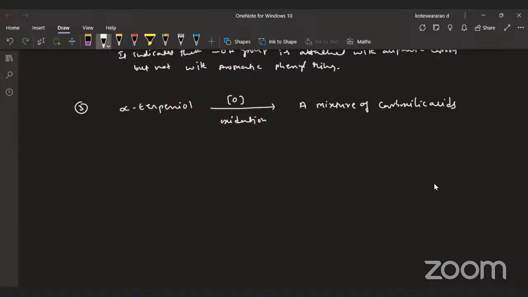Look here. This is the primary alcohol. Whenever it is subjected to an oxidation, it leads to the production of a monocarboxylic acid. Only one compound is generated.